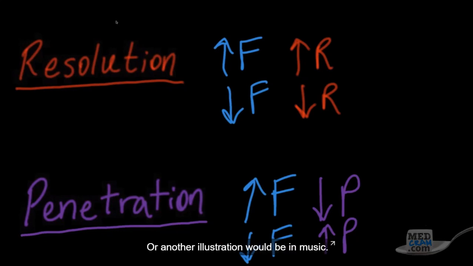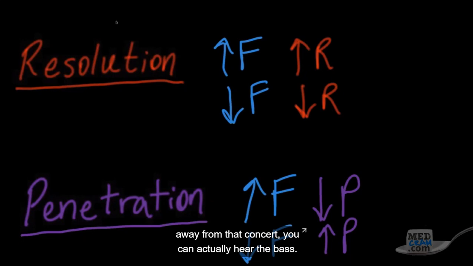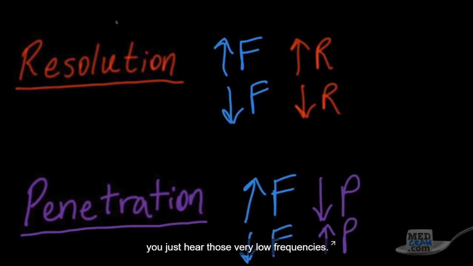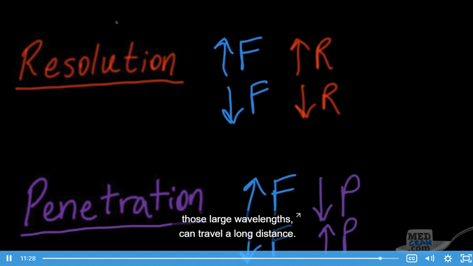Another illustration would be in music. You've all driven by a stadium concert, and when you're half a mile away from that concert, you can actually hear the bass. You don't hear any of the rest of the music, you just hear those very low frequencies. It's because those low frequencies, those large wavelengths, can travel a long distance.